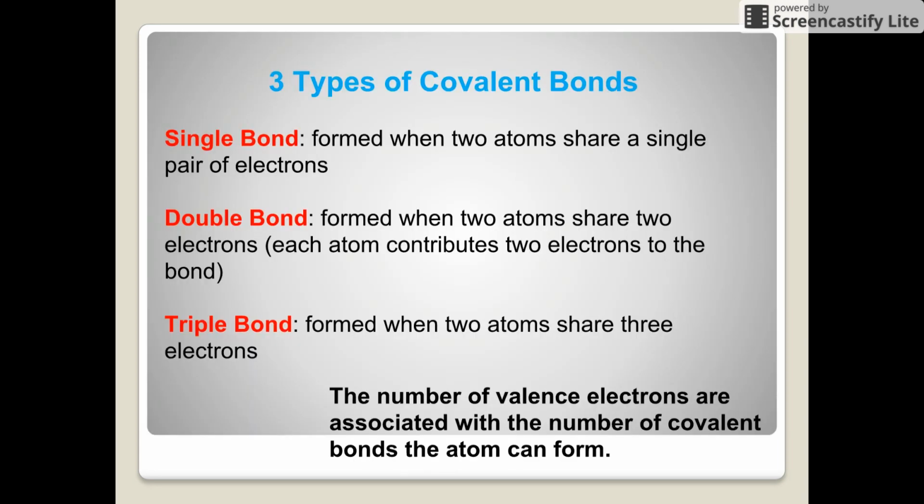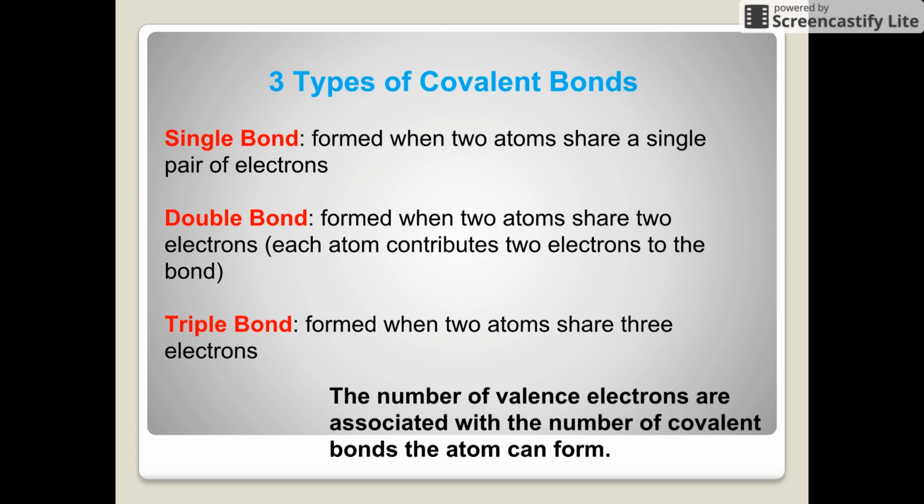There are three types of covalent bonds, and they are pretty straightforward. We have a single bond, which is formed when two atoms share just one pair of electrons. A double bond, when two atoms share two pairs of electrons. And then a triple bond, when two atoms share three pairs, so they're each sharing three.